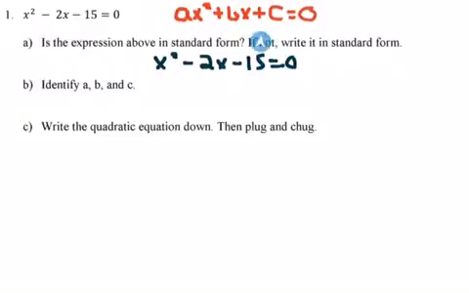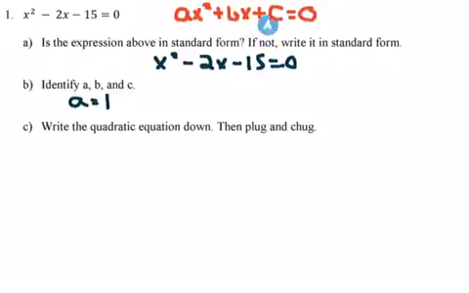So we can see by looking at the general expression that our A is the number immediately in front of the x squared term, or the coefficient of the x squared term. So it's the number right before the x squared. In this case, it doesn't look like anything's there, but we know that there's an understood 1 in front of the x squared. So in this particular case, A is equal to positive 1.